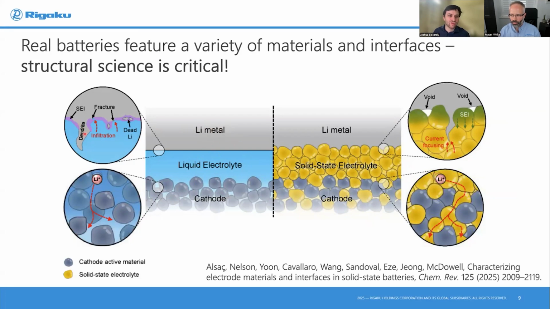You have all sorts of microstructure that can form on the metal side, as well as interfaces and side products. This is called an SEI, which is a small interface of organic and inorganic components all mixed together. So there's a lot of structural elements that are all working together to make this battery work.